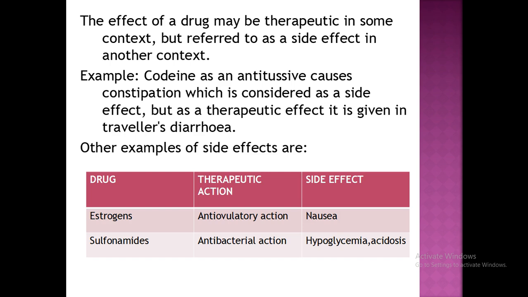The effect of a drug may be therapeutic in some context but referred to as a side effect in another context. So the side effects which occur due to the drugs can have therapeutic effects also.